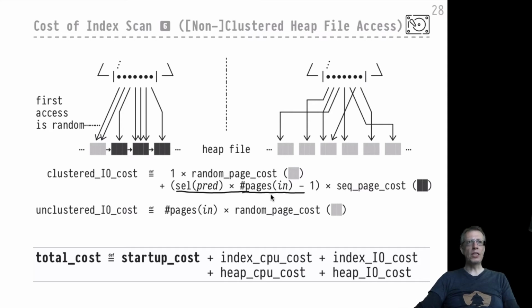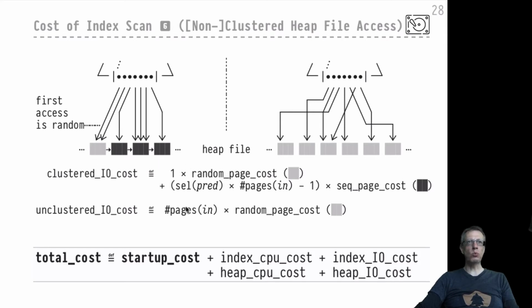Of course, one page has already been accounted for, the very first page of this index scan, so we would subtract that here. But all of these IOs would be sequential IOs because we simply scan the file in the requested range from left to right in sequential fashion. All right, so that would be the clustered IO cost.